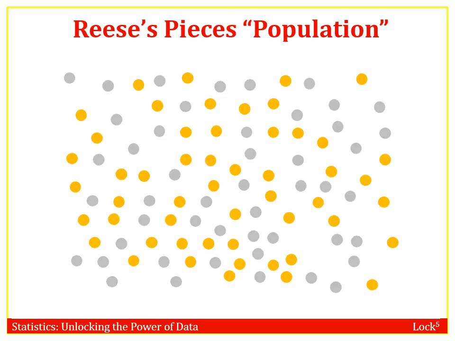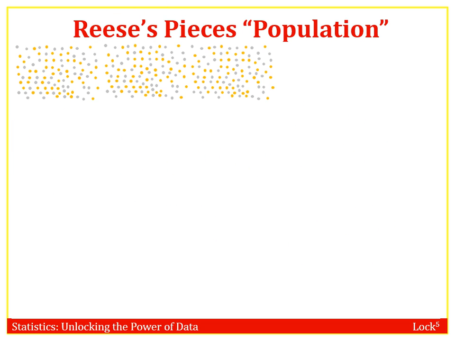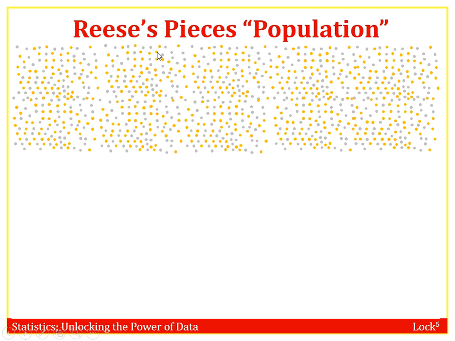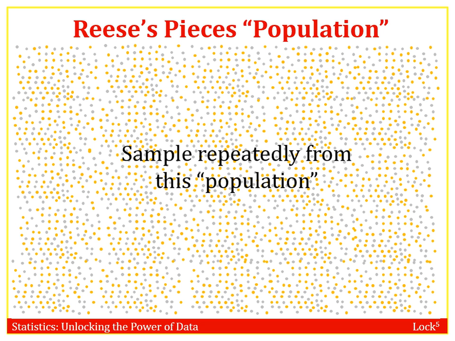But we're going to assume that it is. So basically, we take our original sample and clone it. Here's another original sample, another, another. We do that over and over, and we get this huge population made up of our original sample being repeated many times.